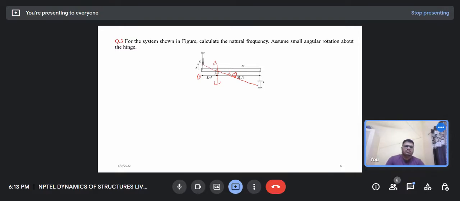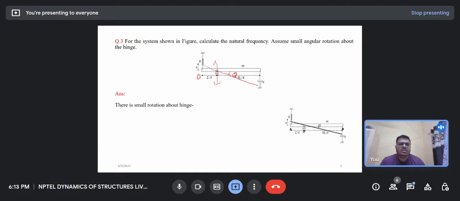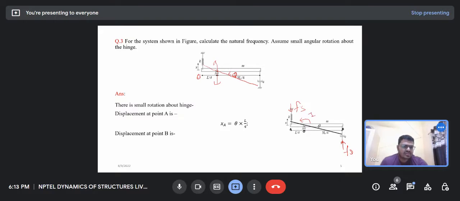Okay, let's discuss the small rotation about the hinge, as I have shown through this diagram, the theta rotation. If there is a rotation theta, there is a damping force Fd, a spring force Fs, and the inertia term I theta double dot.